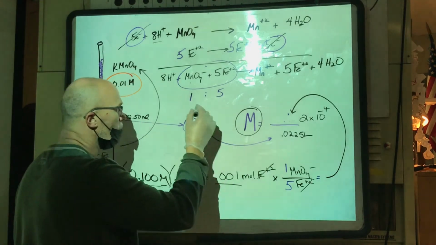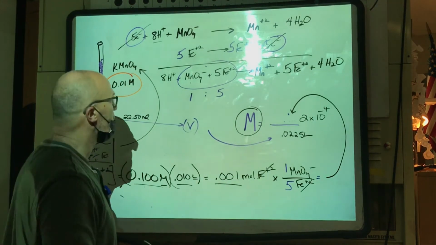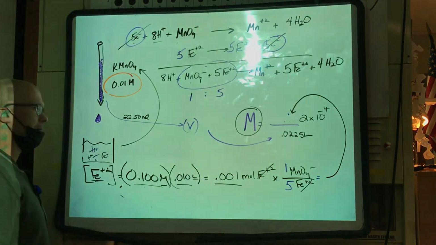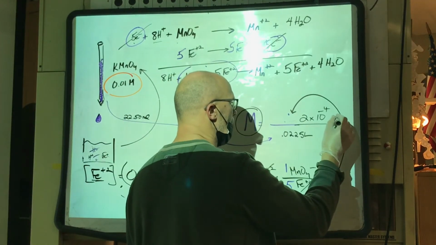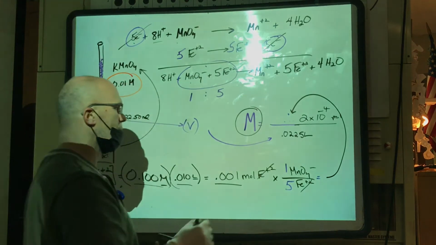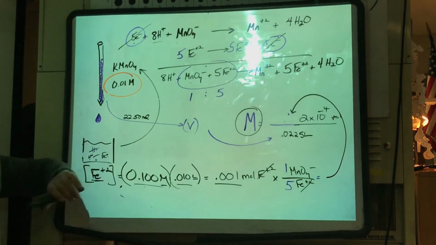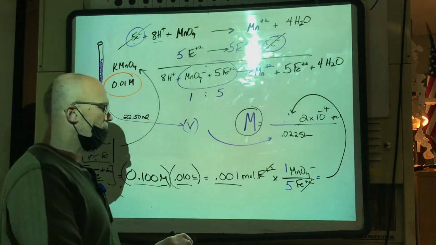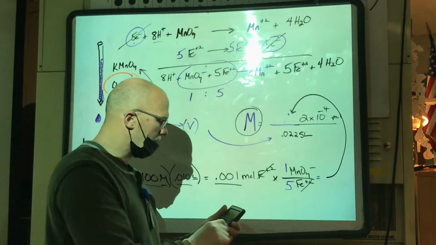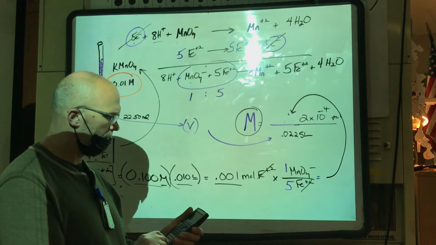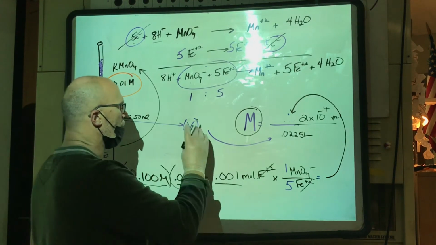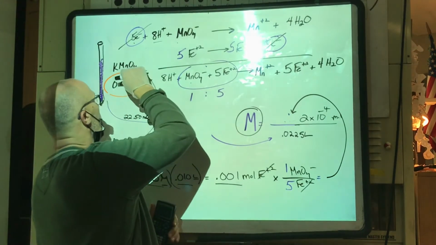You know that it's a 1:5 ratio because 1 manganese needs 5 electrons. That's how it works. So to find the molarity, now that we have the moles of the permanganate from the stoichiometry, we take 2 times 10 to the negative 4 and divide by 0.0225.